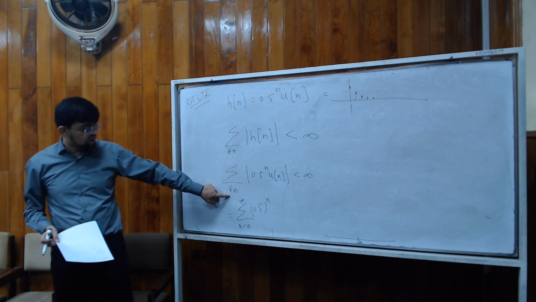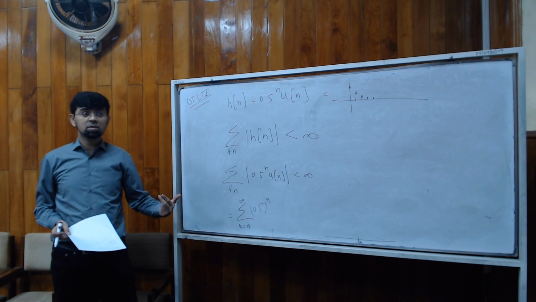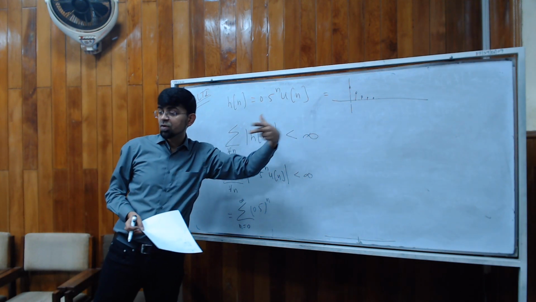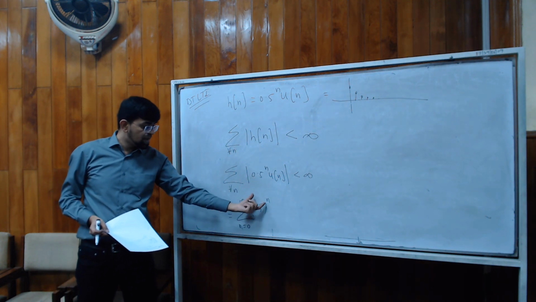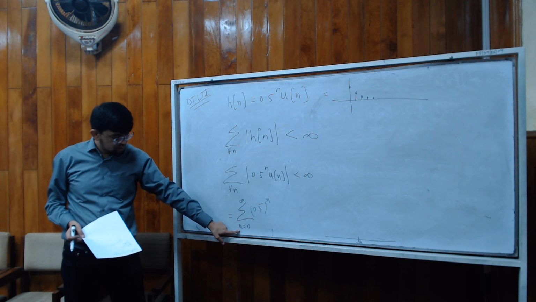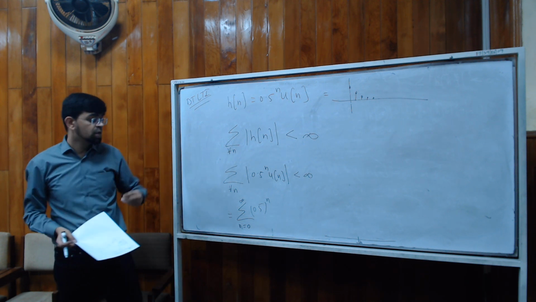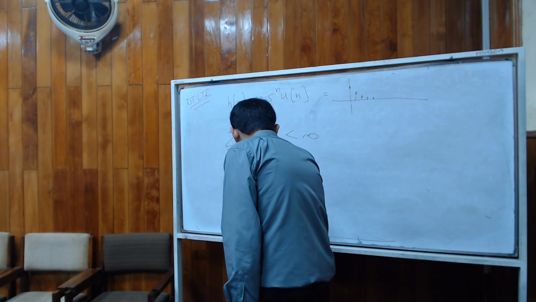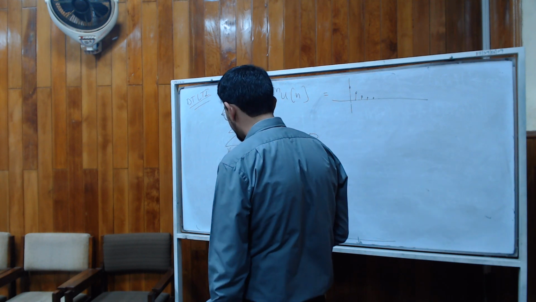You were saying for all n, but then we realized that for n less than 0, the unit step makes everything 0. That's how the unit step works. So you're left with only 0.5^n, with the terms n equals 0 to infinity. Now, is this less than infinity or not? That's the question we want to ask ourselves.